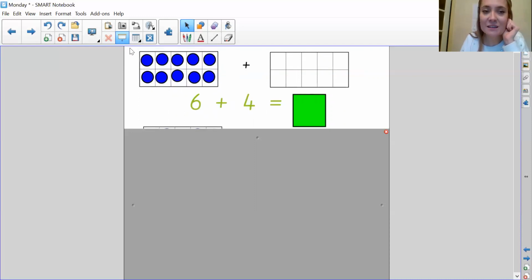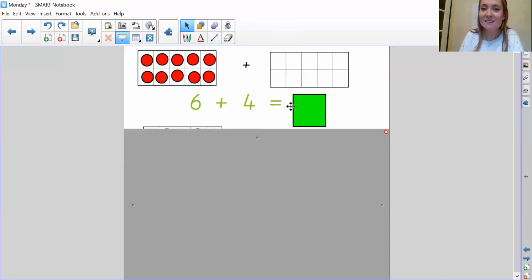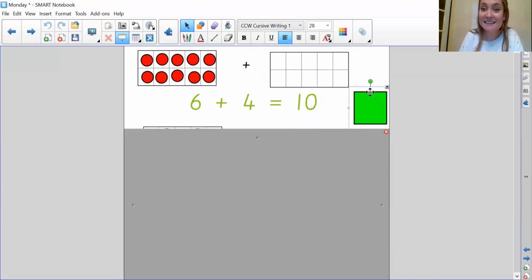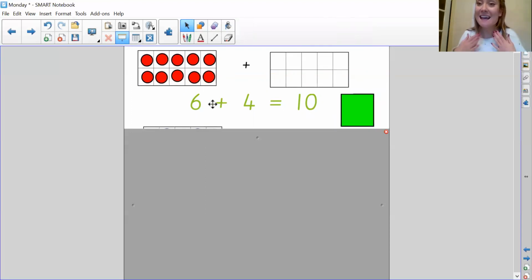Ooh, let's move that. You see, I have made there a 10. So my answer is 10. You're right, well done. Let's just read it together. 6 add 4 equals 10.